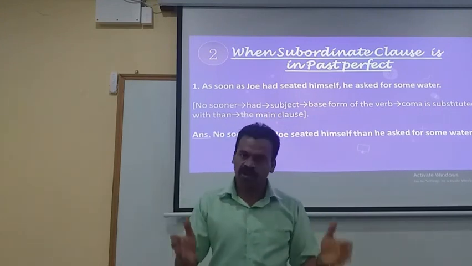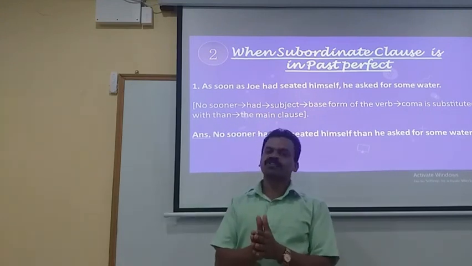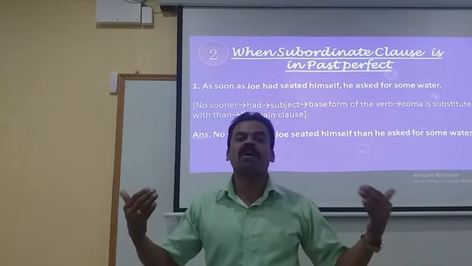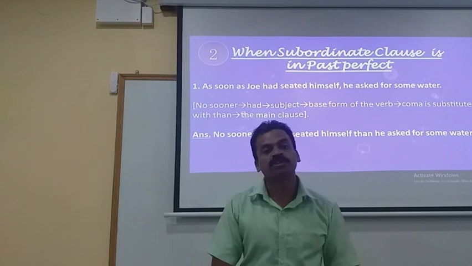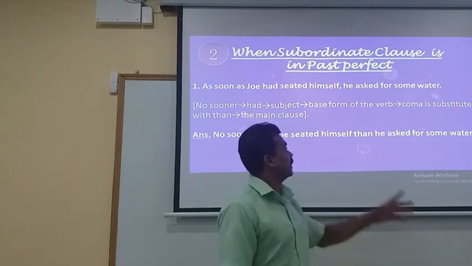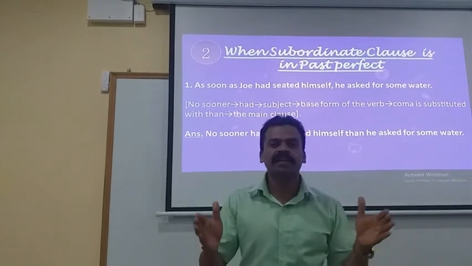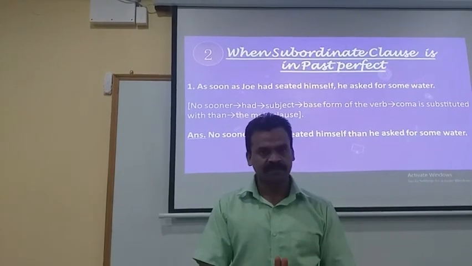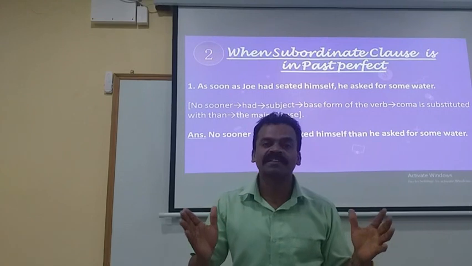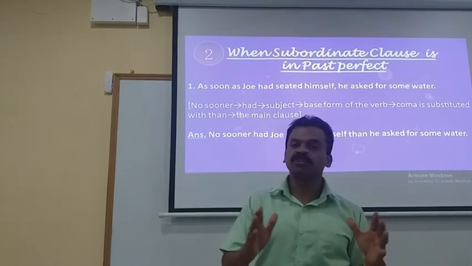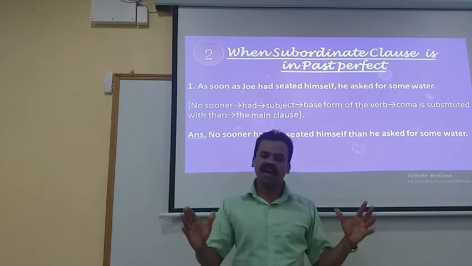So that is a clause. At the same time, this clause does not bring out the complete meaning in itself. It has to depend on another clause to get its meaning completely fulfilled. That is, "he asked for some water." This clause makes complete sense in itself, so that is the main clause, and we do not make any change in the main clause.